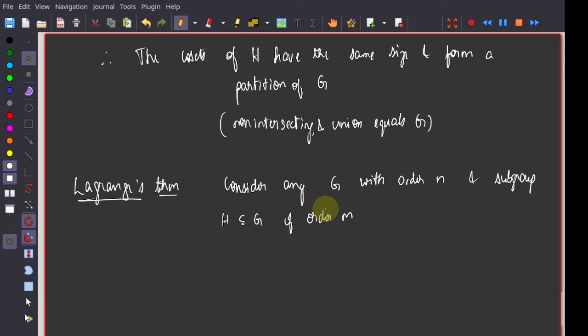Of course, M has to be less than or equal to N, that is obvious, but can M be any number? Basically M should divide N, right? Or N should be some multiple of M. And that is because the cosets of H all have to have the same size and they should form a partition of G. So M must divide N.